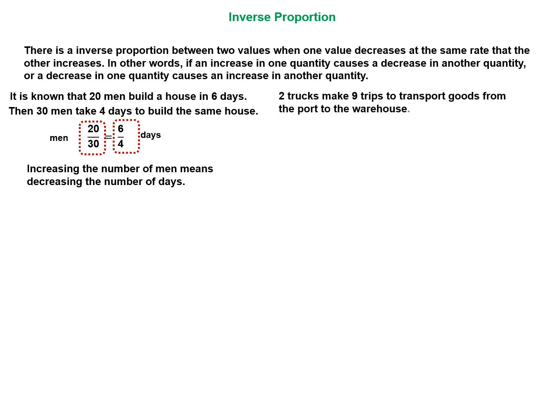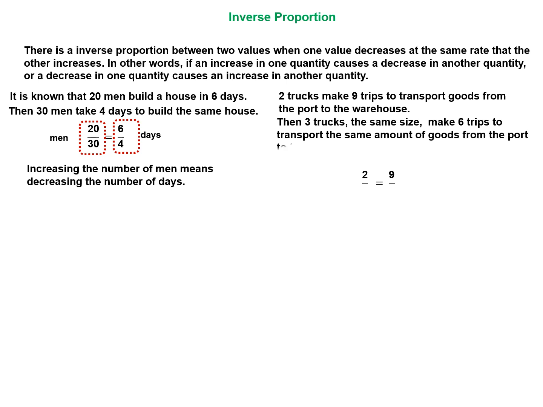Two trucks make 9 trips to transport goods from the port to the warehouse. Then 3 trucks the same size make 6 trips to transport the same amount of goods from the port to the warehouse.